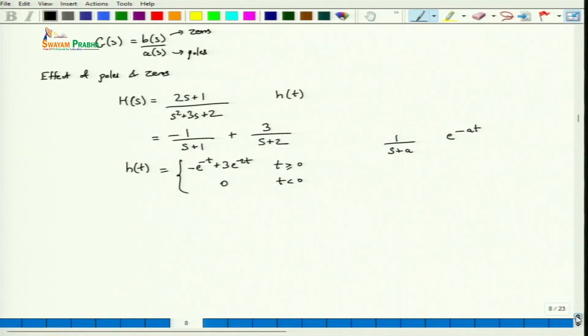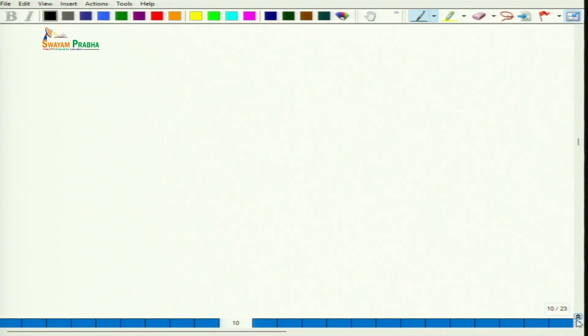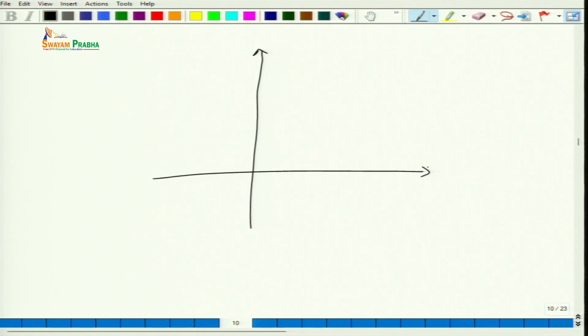So now we have studied what happens when there is a real part and what happens in the case when there are complex conjugate poles. Now let us consider the S plane. So here we have the real and the imaginary part. Poles are denoted by this cross symbol and zeros are denoted by this O symbol.